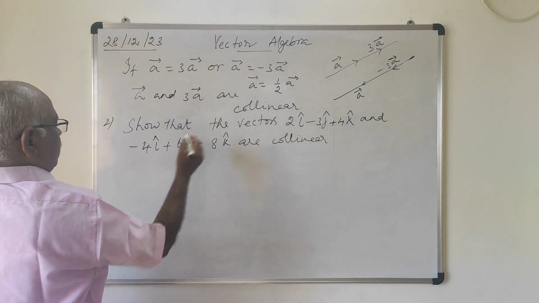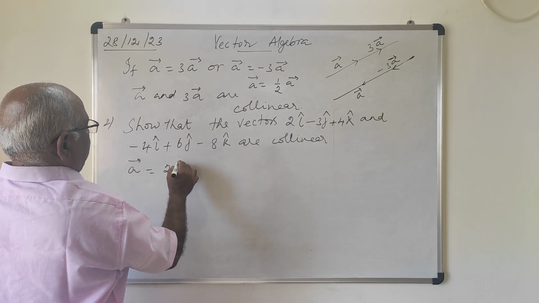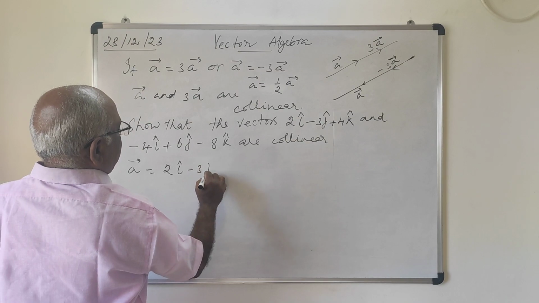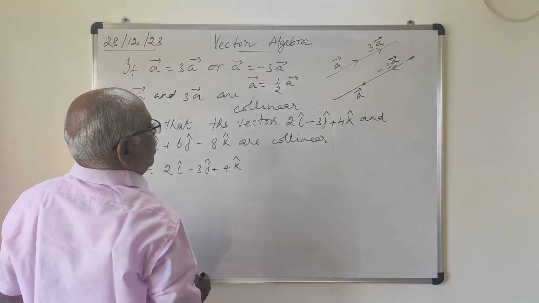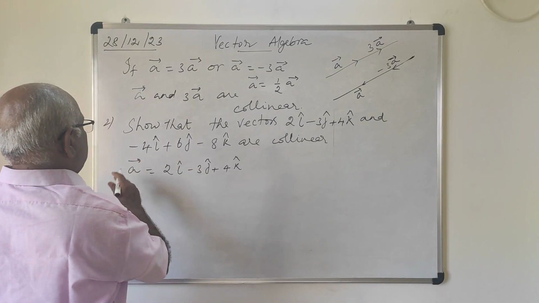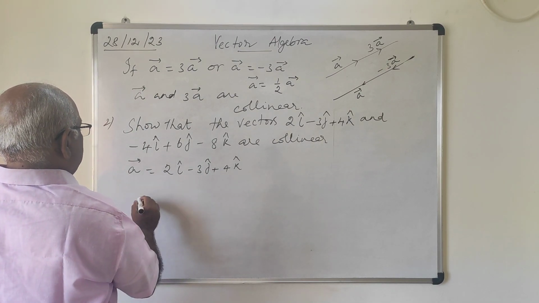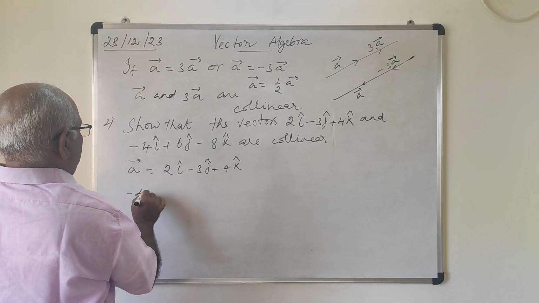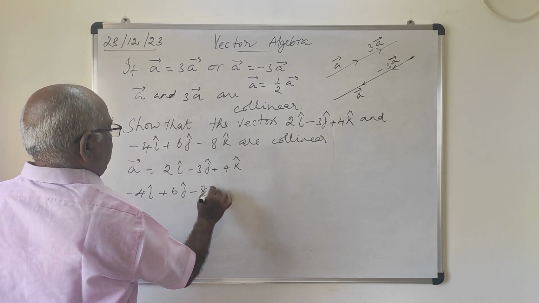For that, consider the given vector a, which is 2i minus 3j plus 4k. The other given vector is minus 4i plus 6j minus 8k.